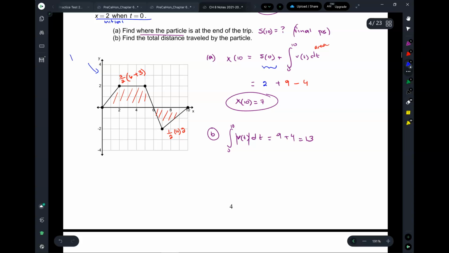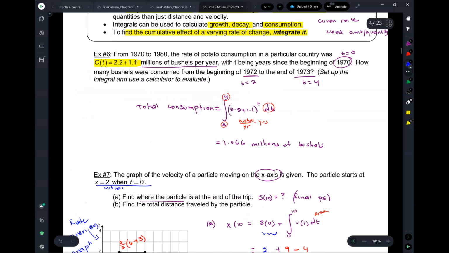Here, rate is given as a graph. And we needed to use area to find the integral. So in both cases, you're finding integral. But one is by trapezoidal, one is by area. Here, you're given rate as a function.